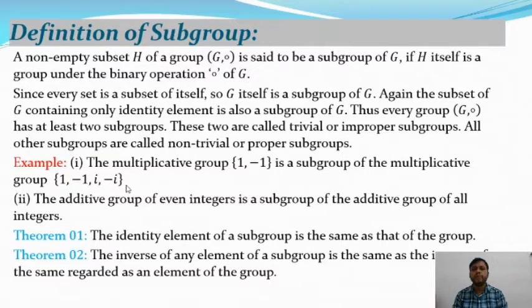So H is a subset of G. H composition, where composition is multiplication, satisfies all the properties of a group, that means closure property, associative property, identity property, and the inverse property as well.